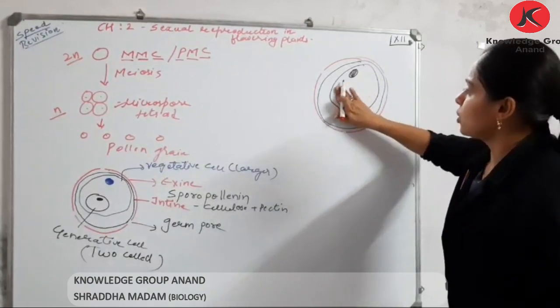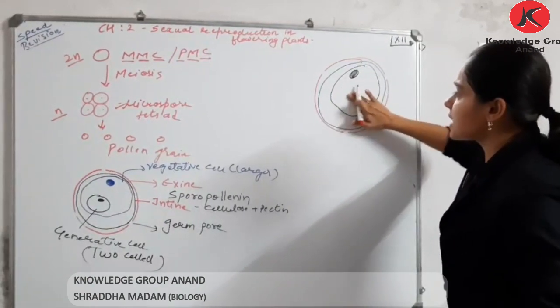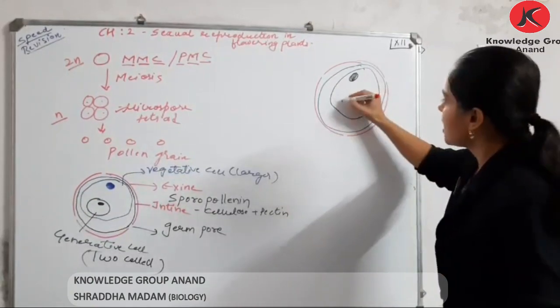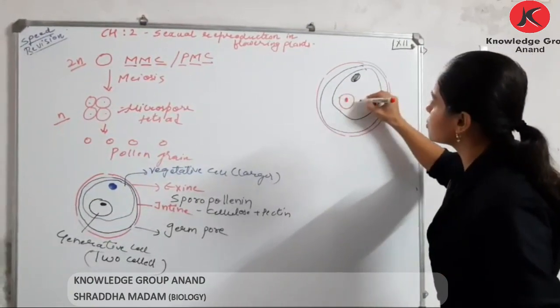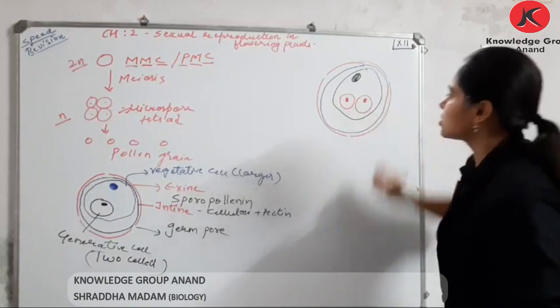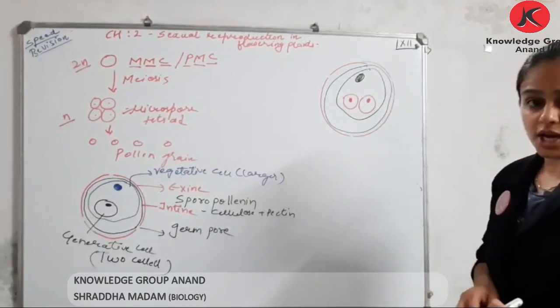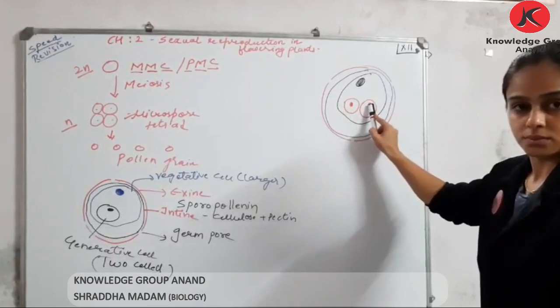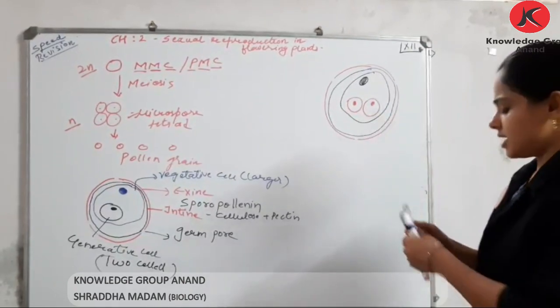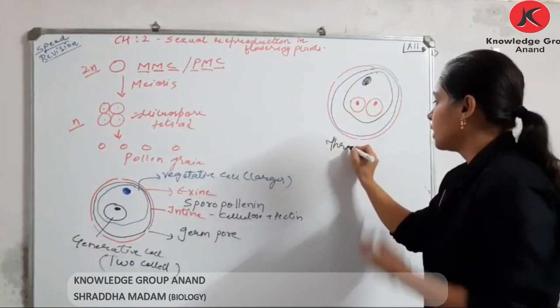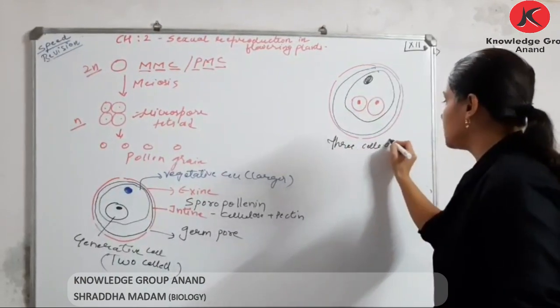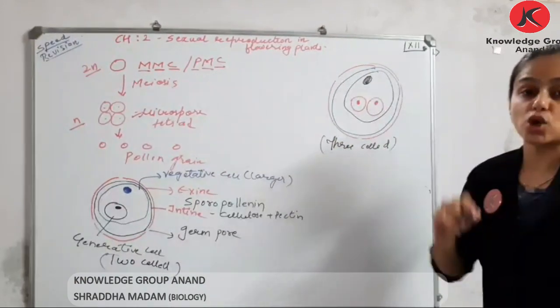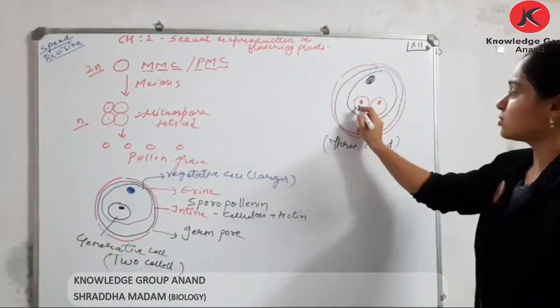So I am going to divide this generative cell by mitosis. At the end of mitosis, you are getting two cells. कितने cells है देख के बताओ मुझे आप. 1 and 2. 3 cells. So this is called as your 3-celled pollen. And can you see this?